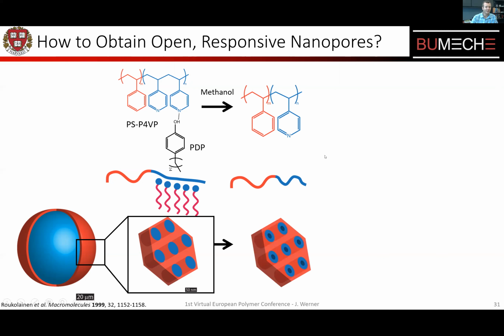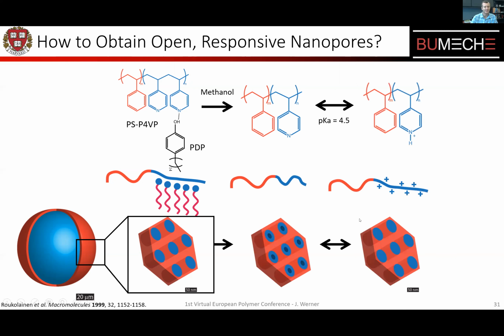And with the 4-vinylpyridine being, of course, pH responsive, these pores are rendered pH responsive as well and close upon acidification of the surrounding environment.